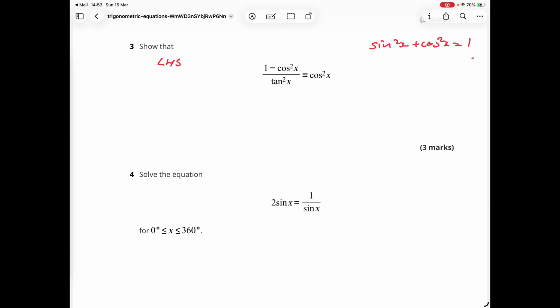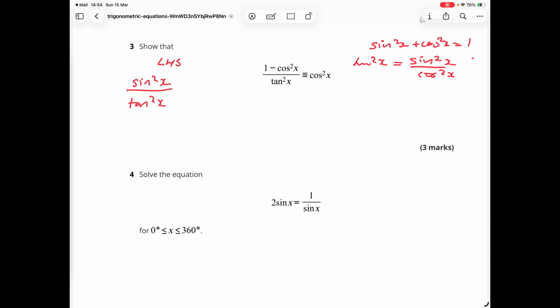If we take away that, we know that on our left-hand side, we could start with sine squared x over tan squared x. Now, we can say that tan squared x equals sine squared x over cos squared x.